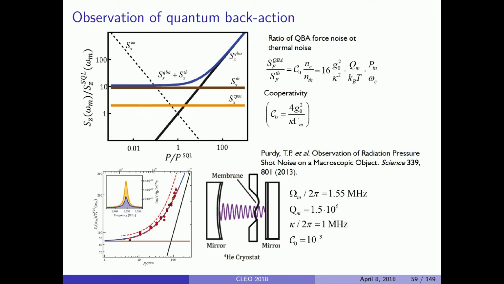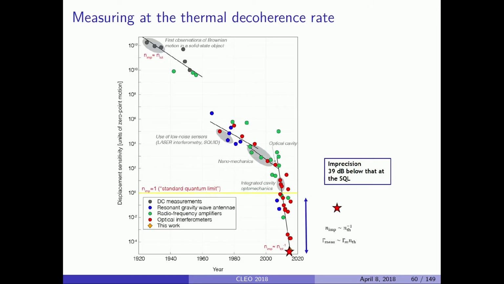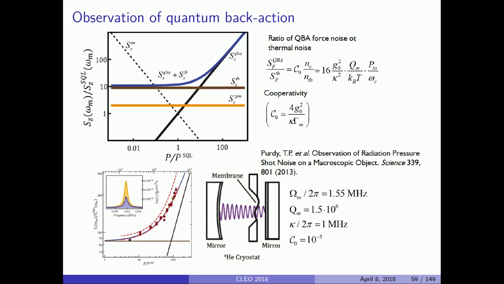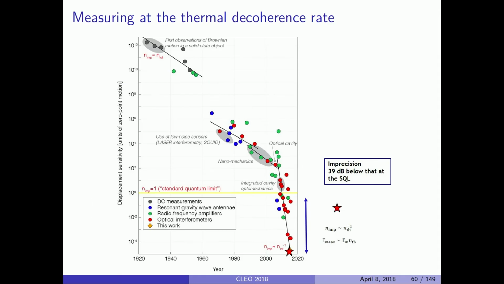This example is work by Tom Purdy, observed on a membrane placed into a cavity that was operated at about 10 Kelvin of temperature to reduce the thermal noise. And then already with a few microwatts of power, you can see this radiation pressure quantum noise dominated regime. Now, in the course of making such an experiment, you can make very sensitive measurements of position.